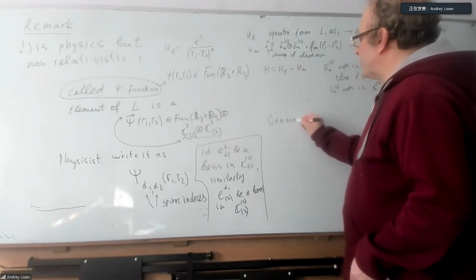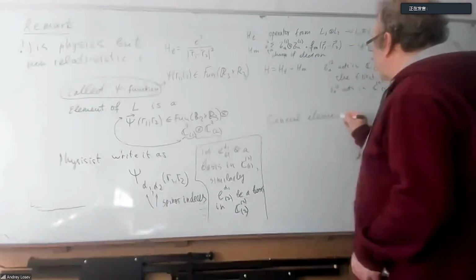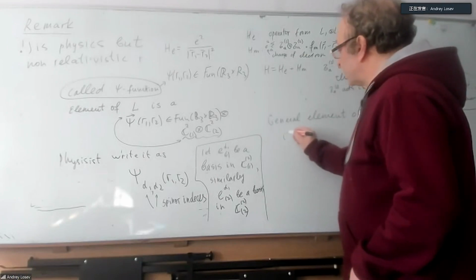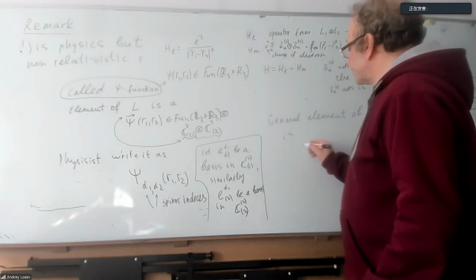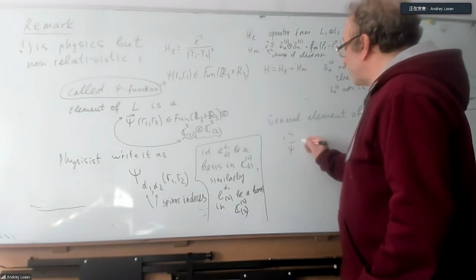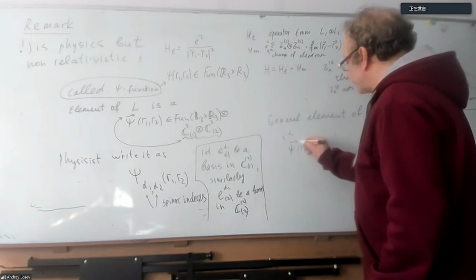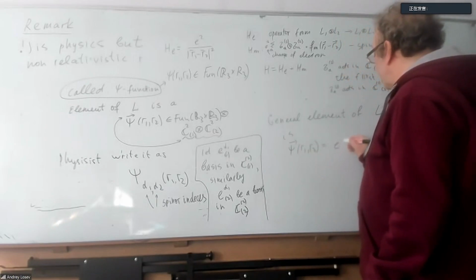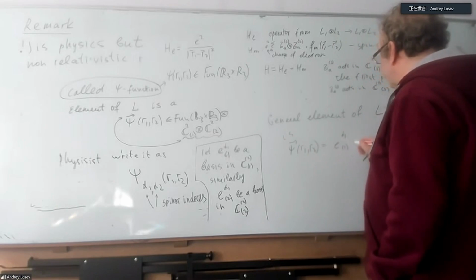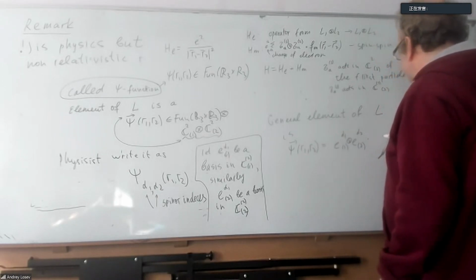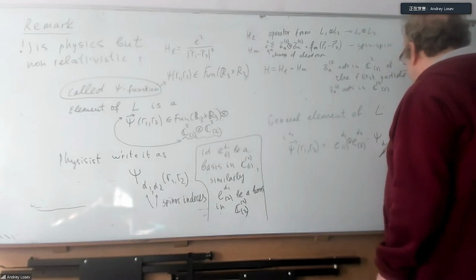Then a general element of L is psi R1, R2. That is E alpha 1, 1 tensor E alpha 2, 2 times psi alpha 1, alpha 2 R1, R2.